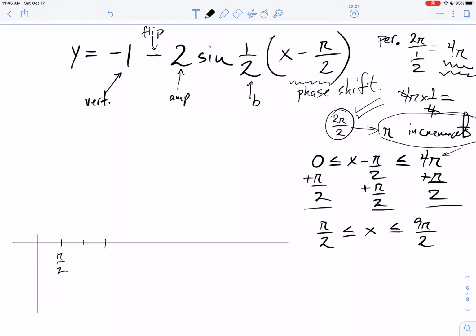So I go 1 pi half, 3 pi halves, and I'm going to count by 2s. 5 pi halves, 7 pi halves, and I hope the next one is 9 pi halves because that's where I'm supposed to stop, and it is. So it's just a matter of thinking through how, stop. Duh. I was thinking the word stop, and I meant to write the word start, and then stop.